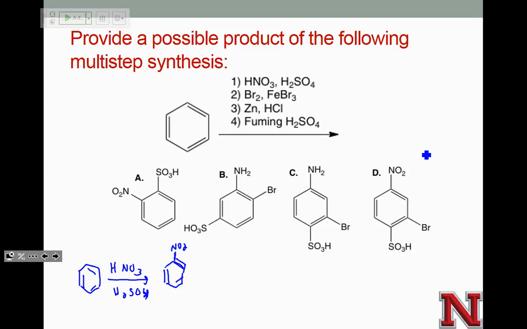This is a double bond. It's just not working for me today. Okay. Now, the next step is adding our Br2, and that's going to add meta to our NO2 group wherever we put it. So that's that position. I'm just going to put the circle because it's not really being sensitive enough to let me put the double bonds.